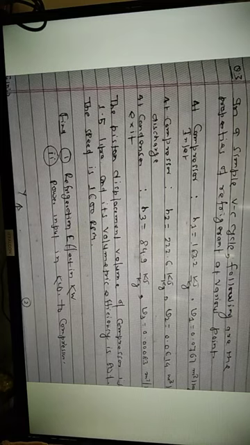At compressor discharge, the enthalpy H2 is equal to 222.6 kJ per kg, and the specific volume is equal to 0.0614 meter cube per kg. At condenser exit, H3 is 84.9 kJ per kg and specific volume V3 is 0.00083 meter cube per kg.